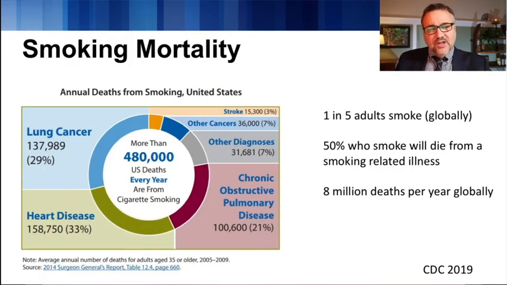So I want to start off just talking about mortality in general from smoking and globally. First of all, globally, 1 in 5 adults smoke, or 20%. And the statistic now on the number of people who die from smoking has really become profound. We're right at around 50% of all people who smoke will actually die from an illness caused by their smoking.